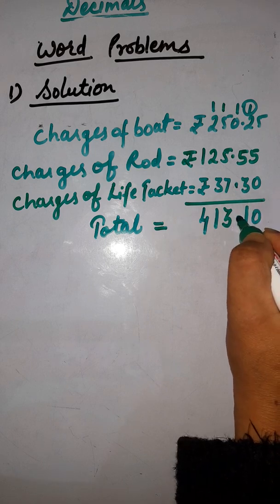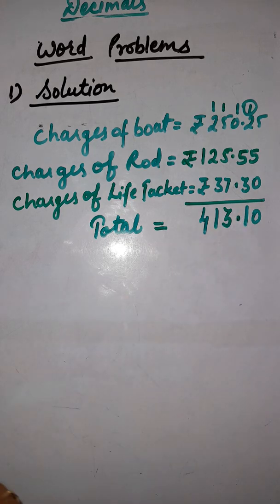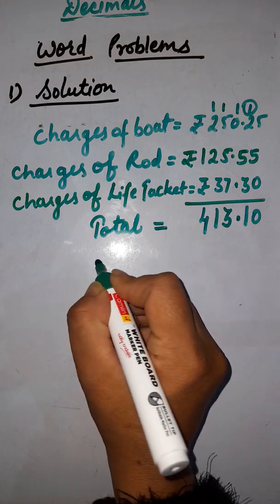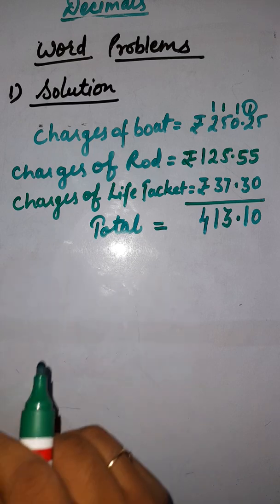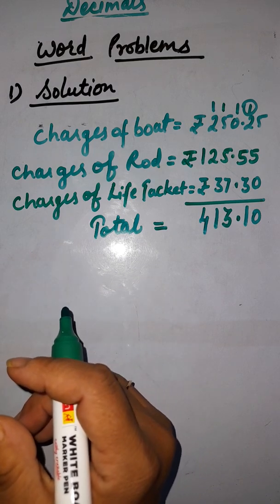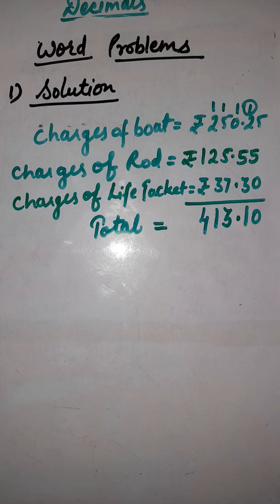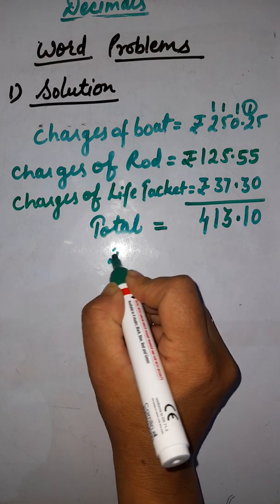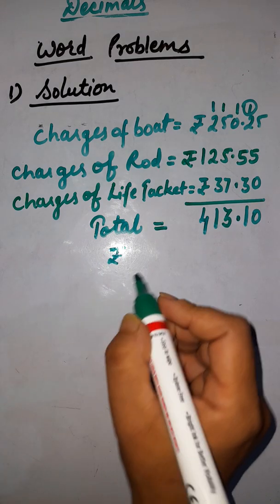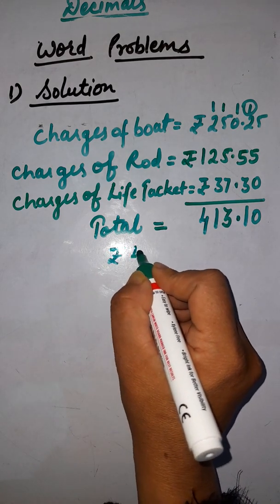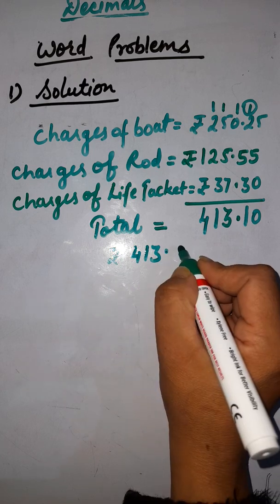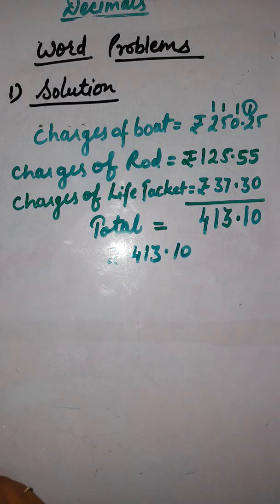So the total amount is, what we'll write in the next statement, the last statement, the total price is rupees 413 and 10 paise.